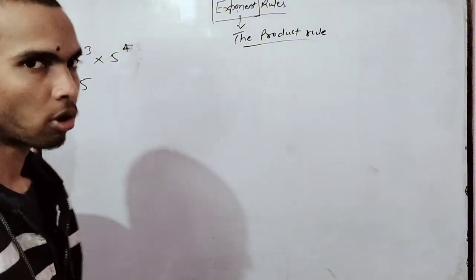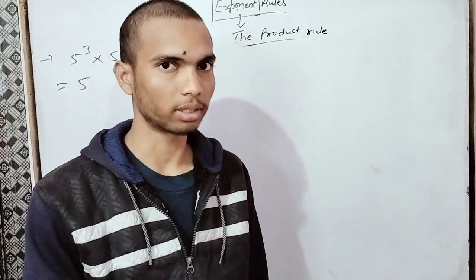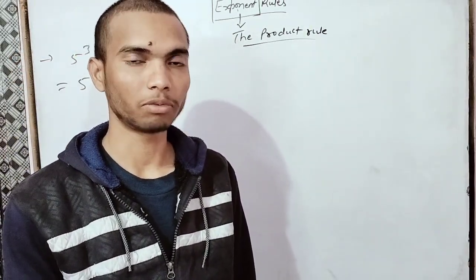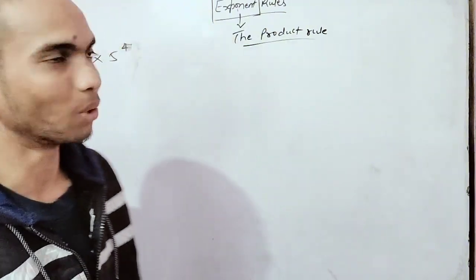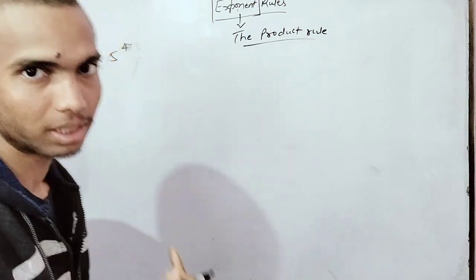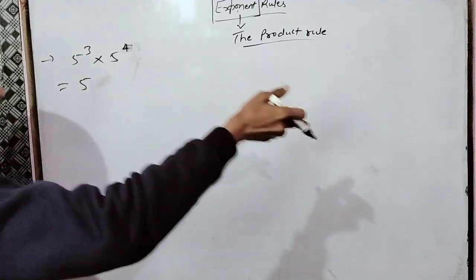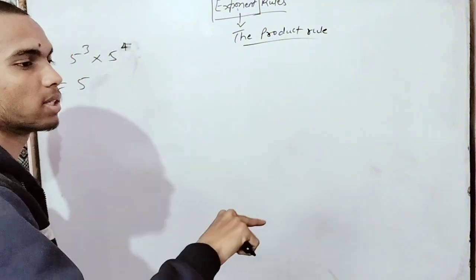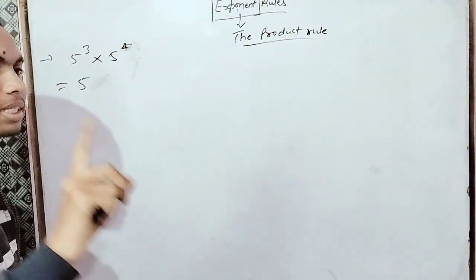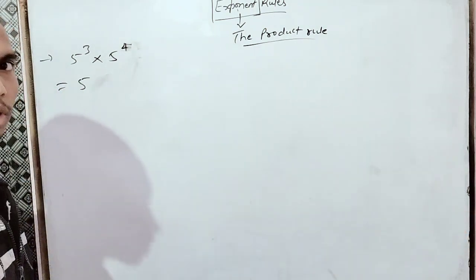Now the product rule says that exponents will be added together. After adding, whatever we get is the result of the product rule. So in the case of a product, this is a product. Okay. Now the product rule says, one minute, hold on, the base will be written one time, and the exponents will be added together.